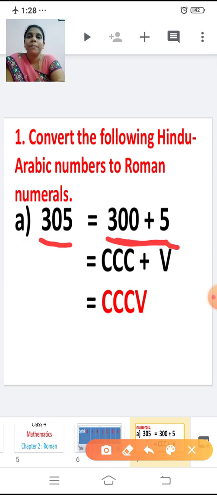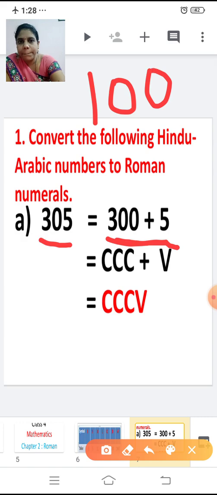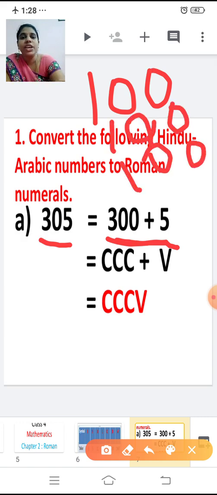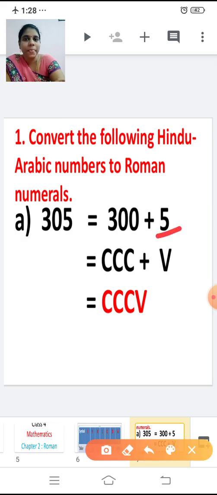Now what is the Roman numeral for 300? Can we write it like this? 100 plus 100 plus 100 is 300, right? So what is the Roman numeral for 100? C. So 300 is C, C, C. 300 plus 5. What is the Roman numeral for 5?